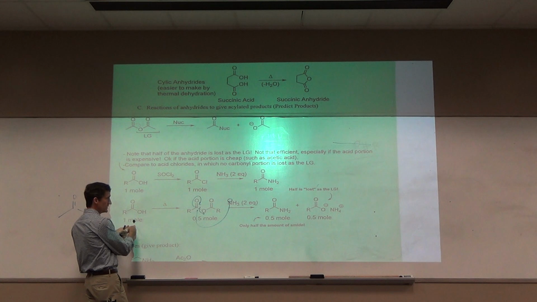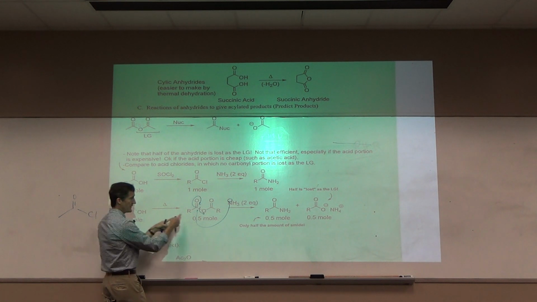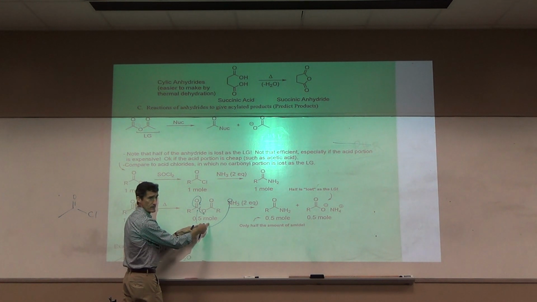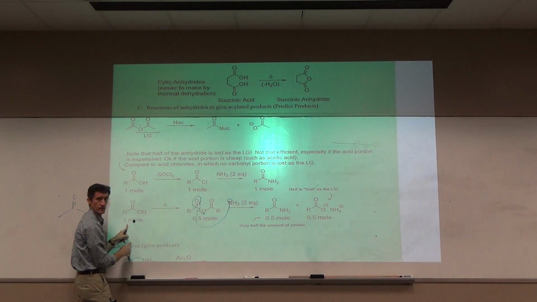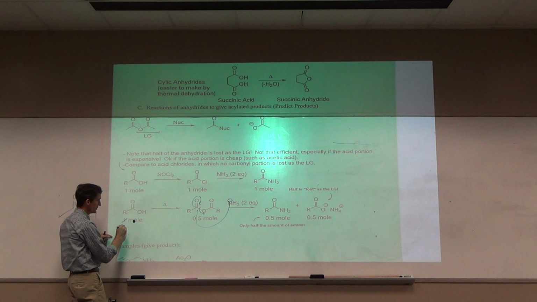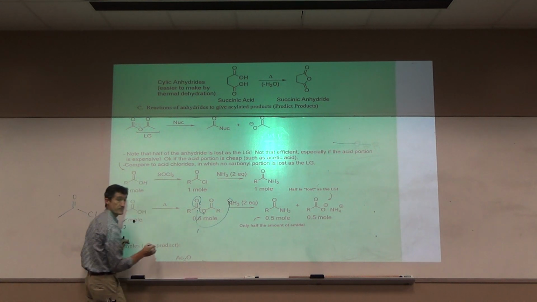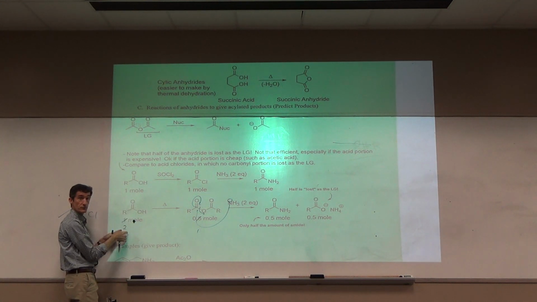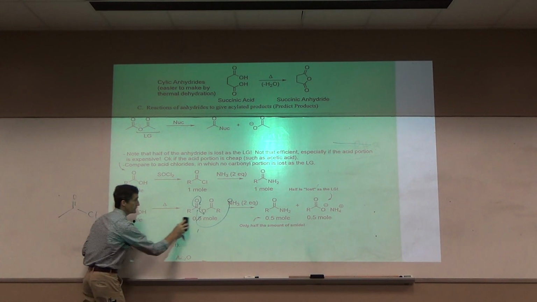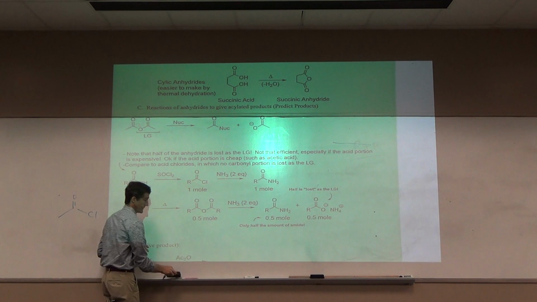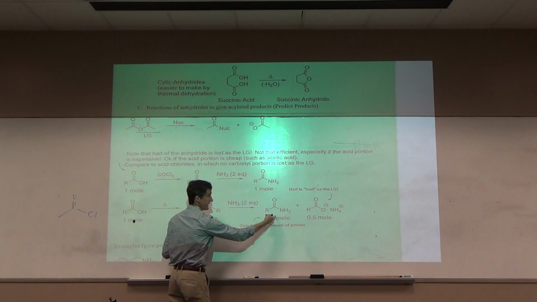Because 1 mole of this is converted to 0.5 mole of this. Because this has 2 equivalents here. Or you can change this to 2 and change this to 1. But 2 moles of this react to make just 1 of these. All right? I'm just showing it in 1 and 0.5. And half of this is going to react to give half of that.